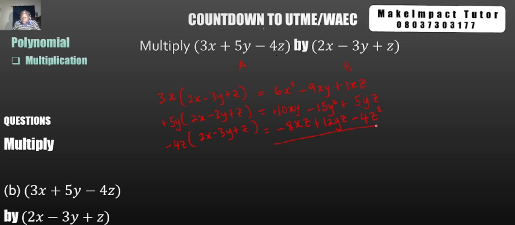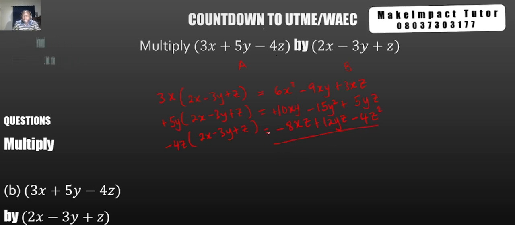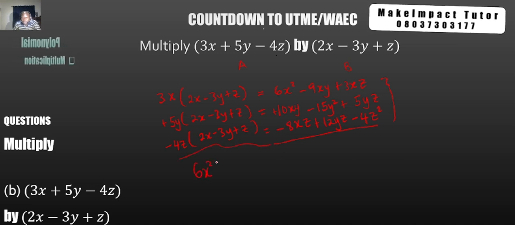Okay, so I'm done with the multiplication. I'm going to go ahead and add. Adding, I have 6x squared.